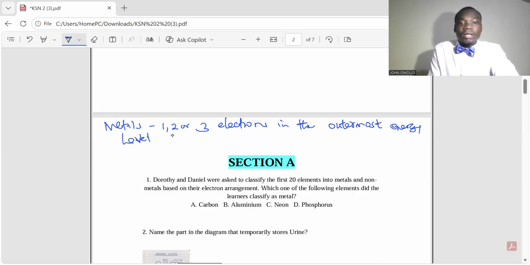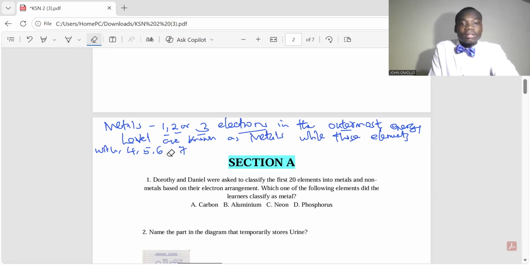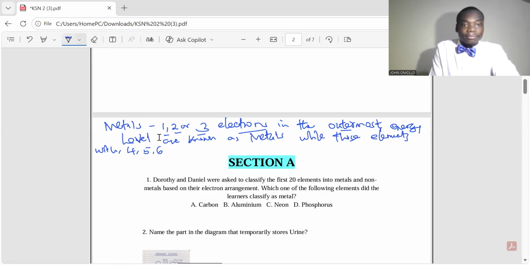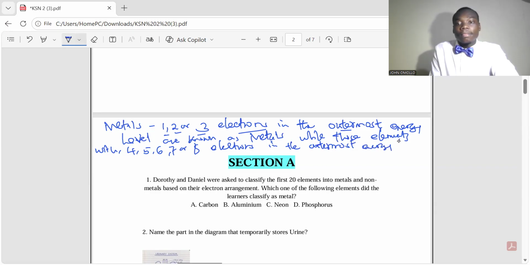Elements with 1, 2, or 3 electrons in the outermost energy level are known as metals, while those elements with 4, 5, 6, 7, or 8 electrons in the outermost energy level are non-metals.